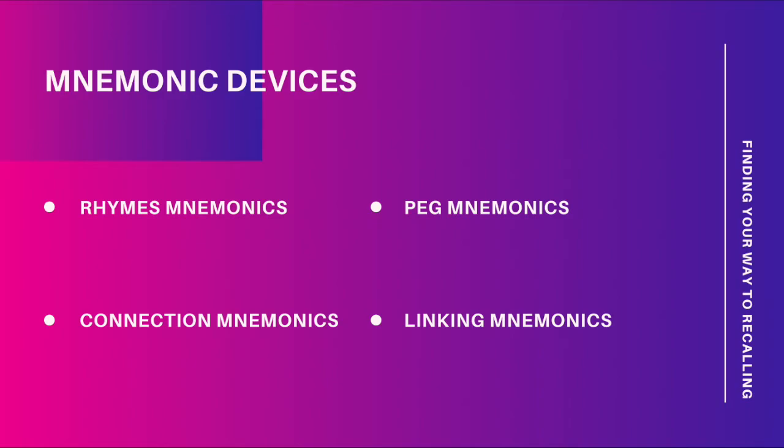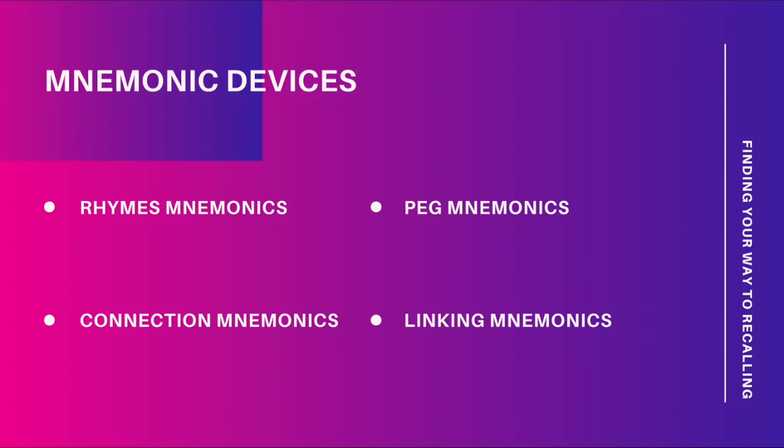And lastly, the two different mnemonic devices that also can be associated together, connection or linking mnemonics. Basically, finding the letters or the words or the numbers that have a certain connection to the information you're trying to memorize and not just rhymes can also make it easier to use the mnemonic system.